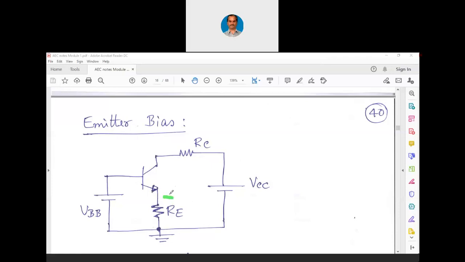So, there will be this voltage drop across RE. This let me signify or indicate it as VE. Okay, let this be VE. So, this VE is nothing but IE into RE.